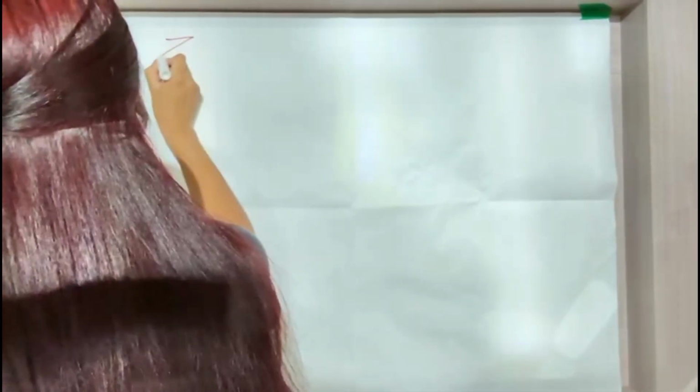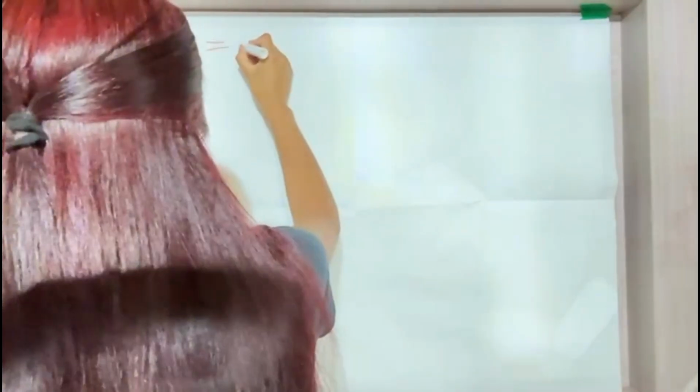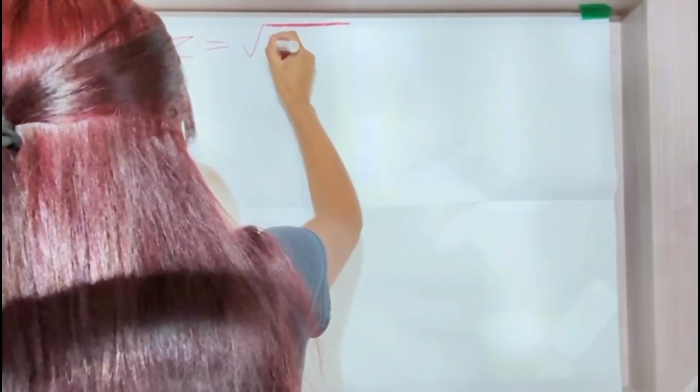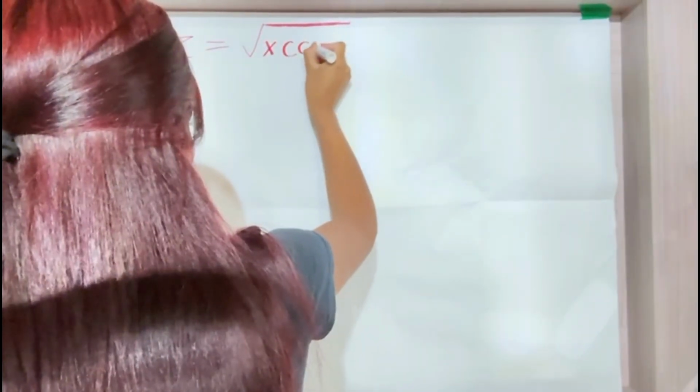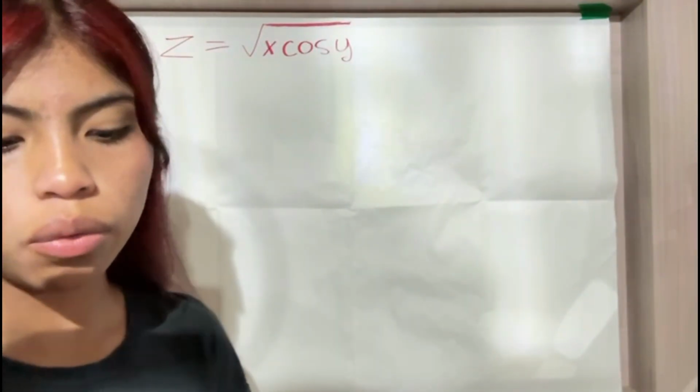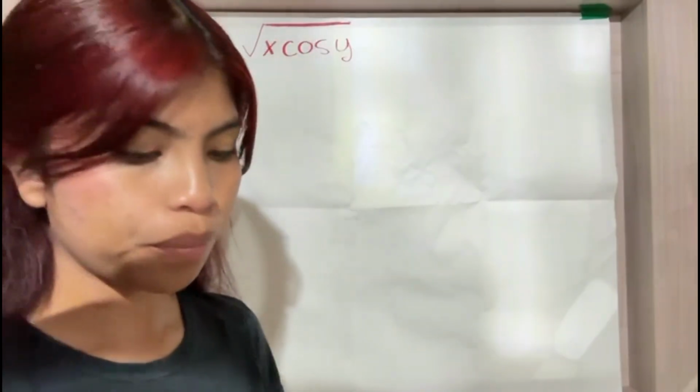Hello everyone, I'm going to show you how to find the equation of the tangent plane to a surface given by a function of two variables. We are given the surface c equals the square root of x times cosine of y.